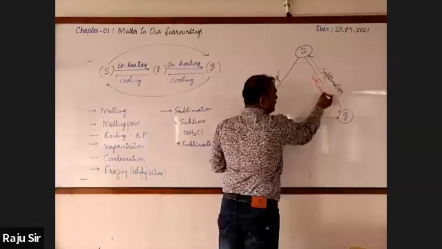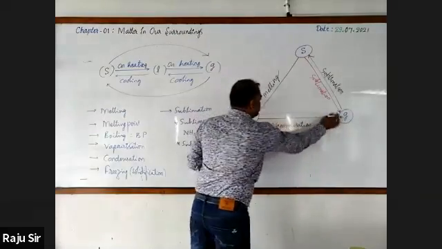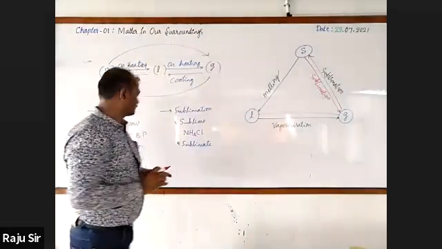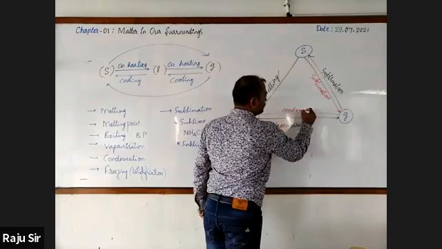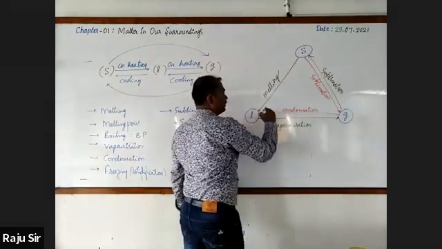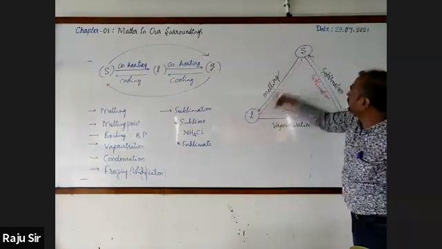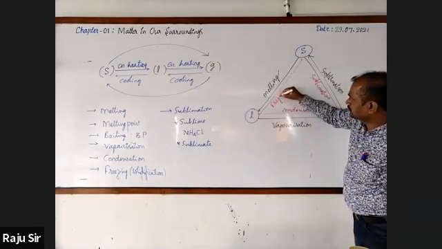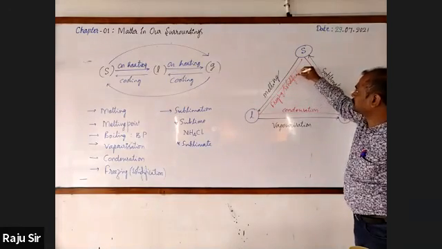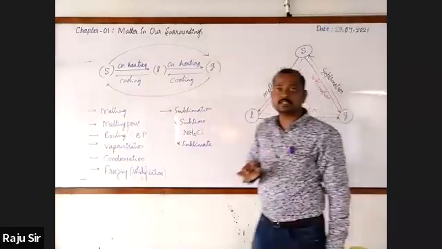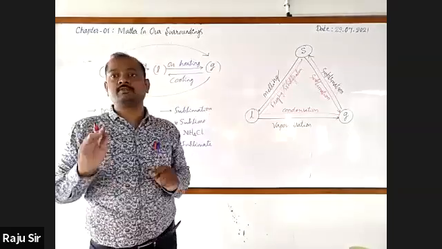The process of change of physical state of a substance from gas to liquid is condensation. And the process of change from liquid to solid is freezing or solidification. Got it? So this is the diagram which represents the interconversion of different states of matter.